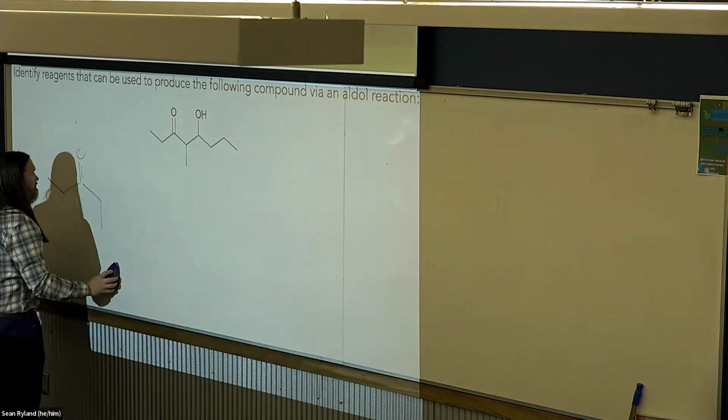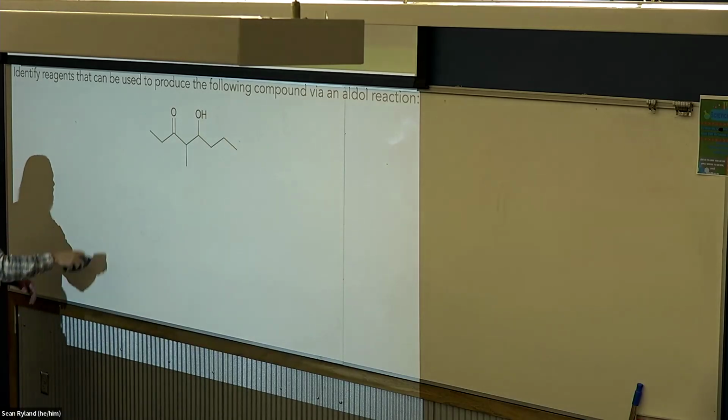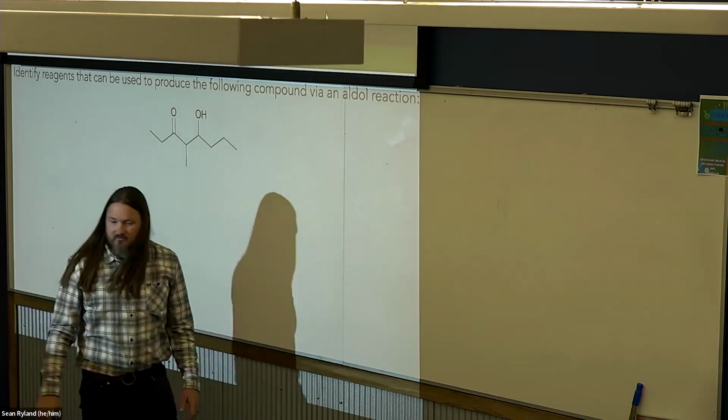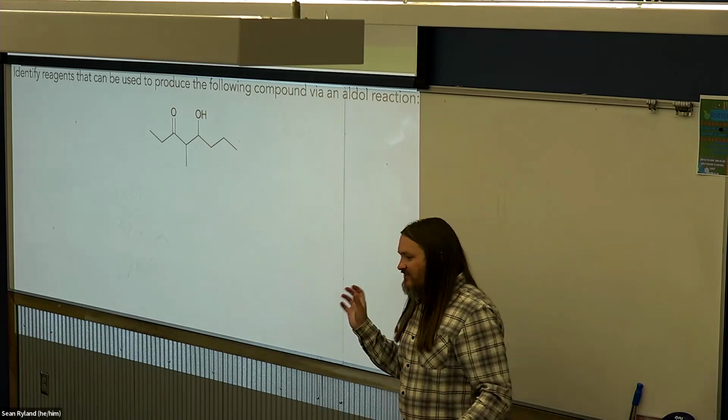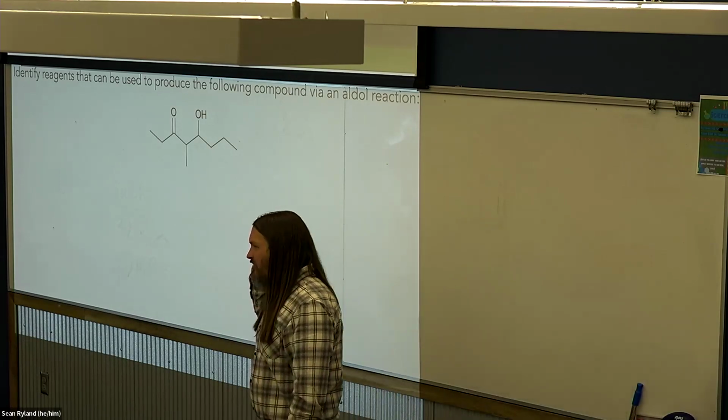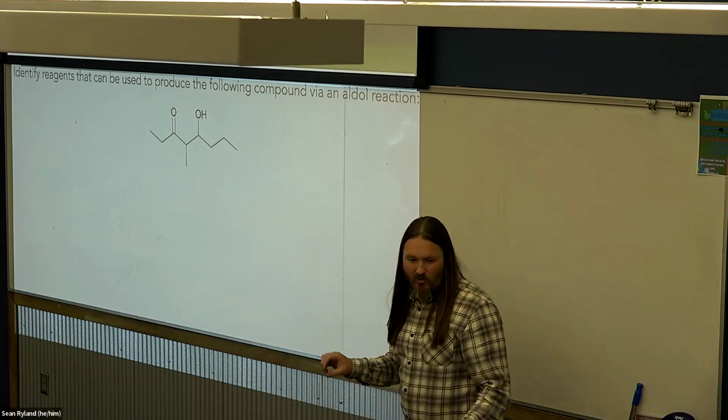Where it gets slightly more complicated is that these aldols are not very stable on their own. It's not that they're unstable, they can be rearranged to be more stable.